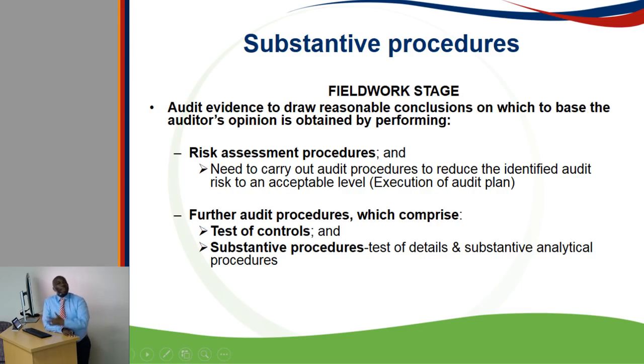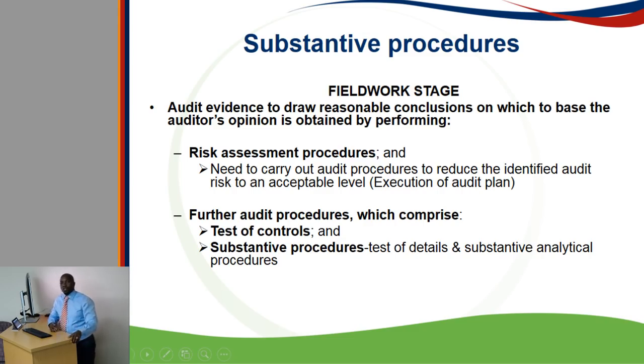I mean, you can perform any of the ratios that you want to perform. Perform liquidity ratios, perform solvency ratios that are related to sales. So analytical procedures are part of your substantive procedures that you can perform for any of the sections that you get given.